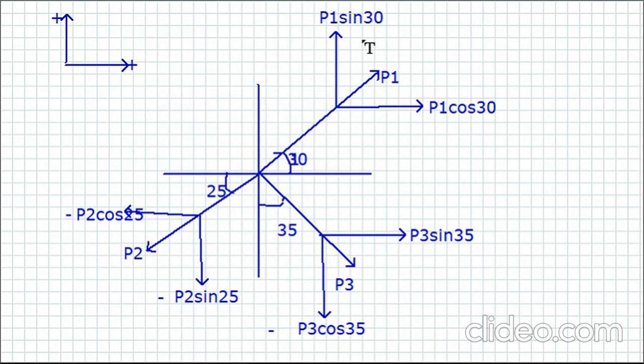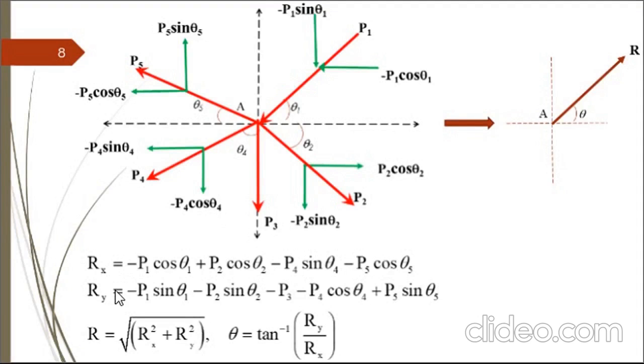Then P1 sin of 30 minus P3 cos of 35 minus P2 sin of 25, that is all the y components, equals Ry. After determining Rx and Ry, the resultant force R equals the square root of Rx square plus Ry square.